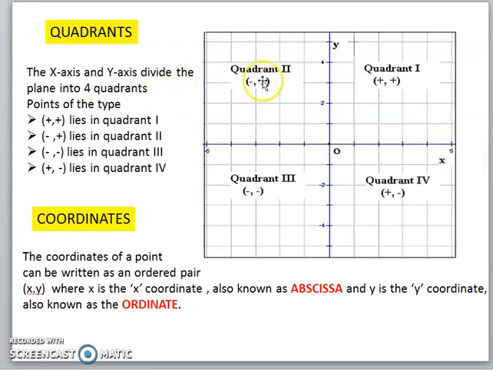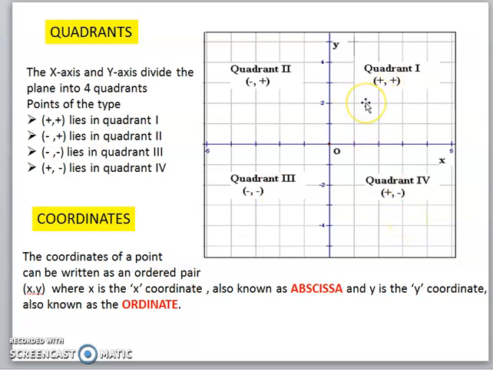Now, this coordinate plane is divided into 4 portions by the x and y axis. This one is known as quadrant 1. So these portions are known as quadrants. Quadrant 1, quadrant 2, quadrant 3 and quadrant 4.